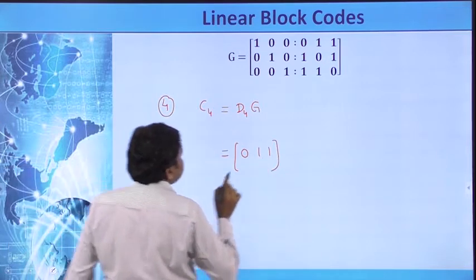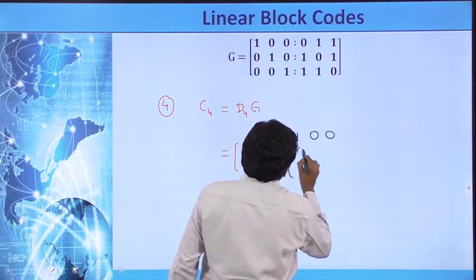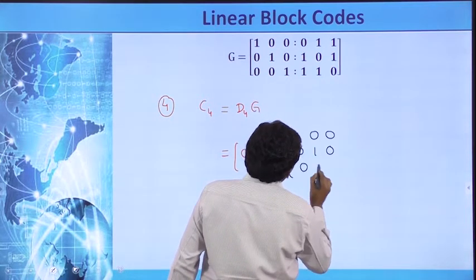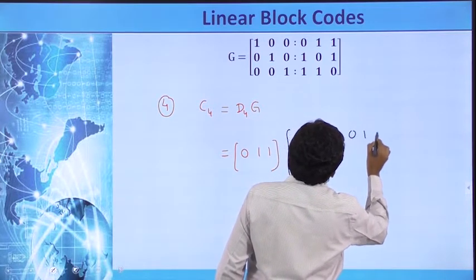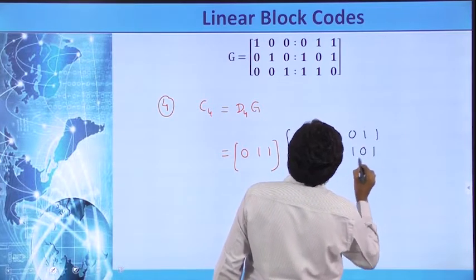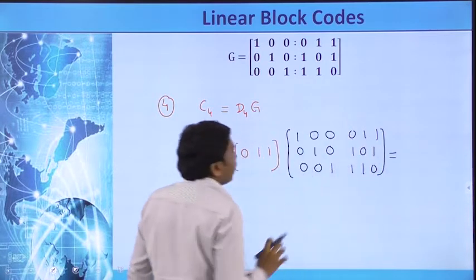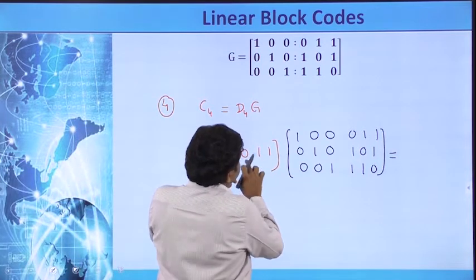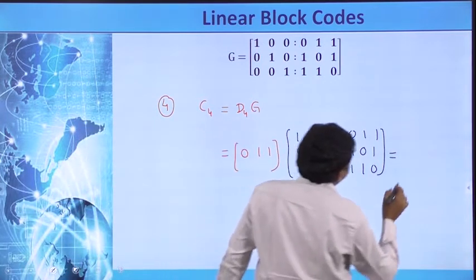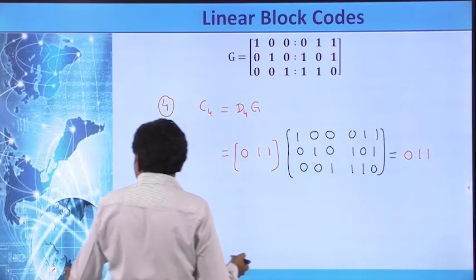The matrix G is 1 0 0 0 1 0 0 0 1 0 1 1 1 0 1 1 1 0. So perform the matrix multiplication. If you multiply these data bits with the identity matrix, you get the same, that is 0 1 1.